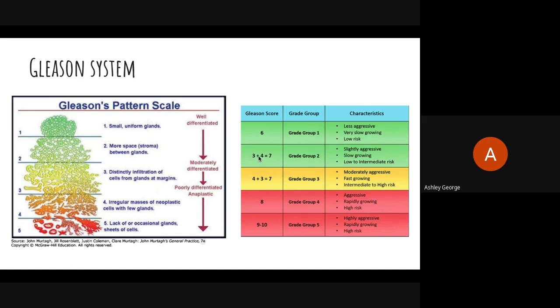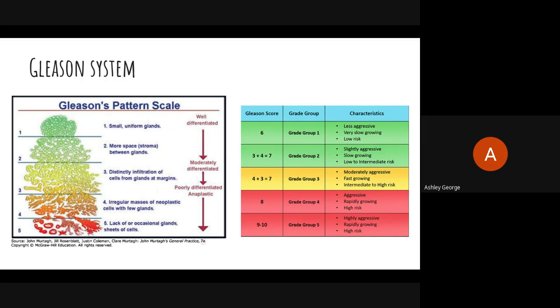So you'll notice here that in this second row and then in this third row, it'll say 3 plus 4 equals 7, and then 4 plus 3 equals 7. So just because they're the same number doesn't necessarily mean that you would classify the prostate cancer the same way. The predominant pattern is what's stated first. So if we're looking at the second row here, the 3 is listed first.